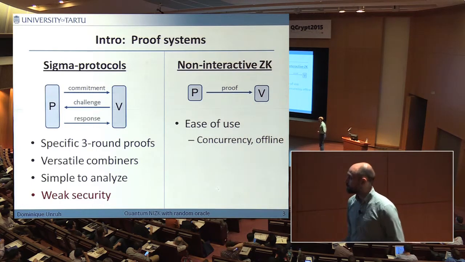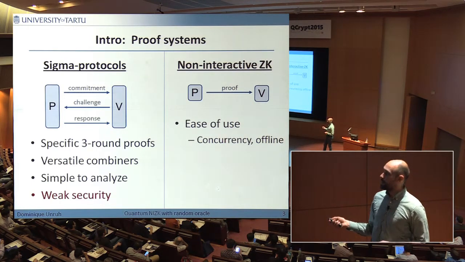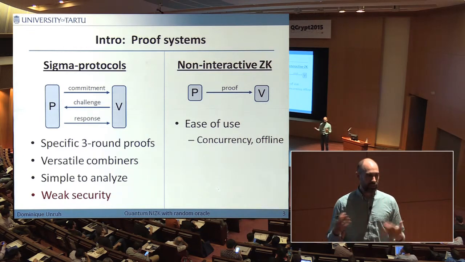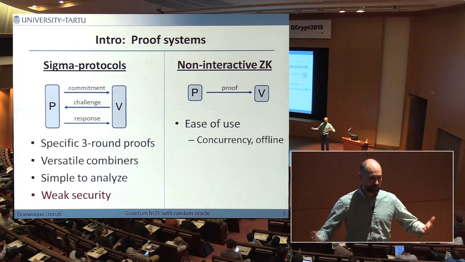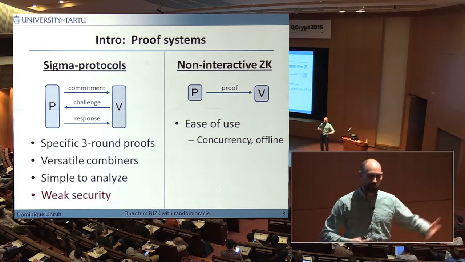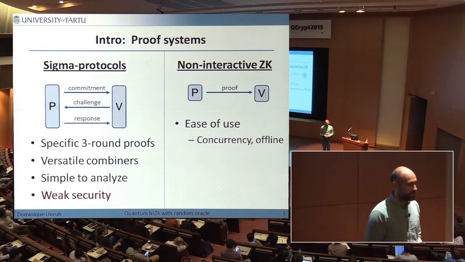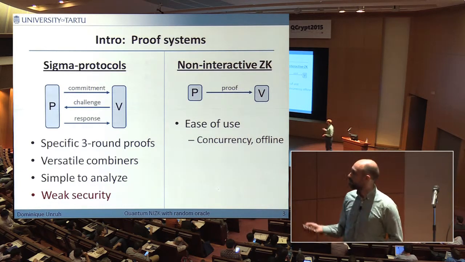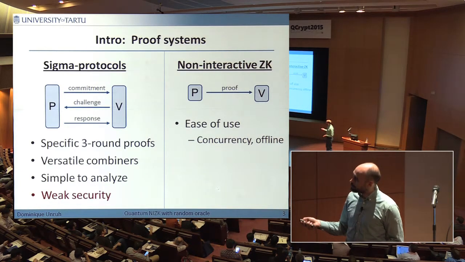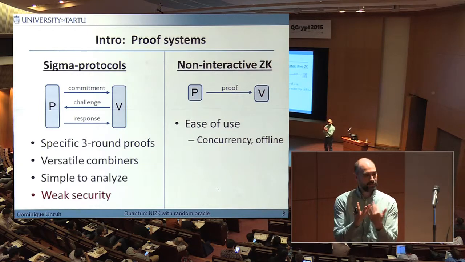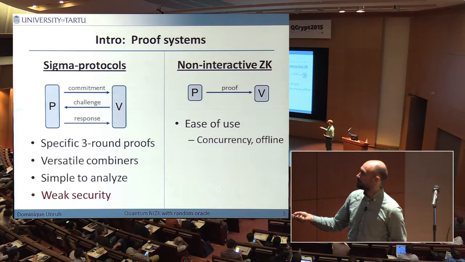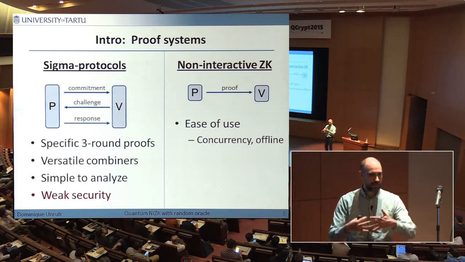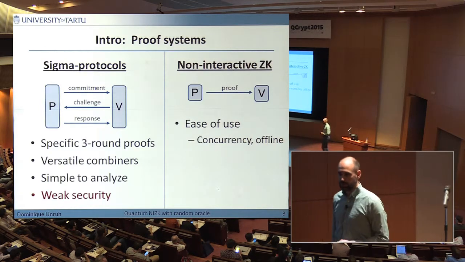for two reasons. The first is they behave much better in settings where we have concurrency. So if I'm sending various proofs about various things at the same time, nothing bad ever happens with that, for the simple reason that, well, in comparison to the Sigma protocol, I can have some non-trivial interleavings between the messages from one protocol and the other, and they can get mixed up between protocols and so on.